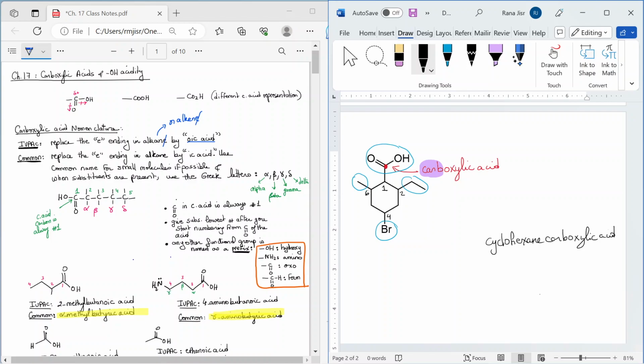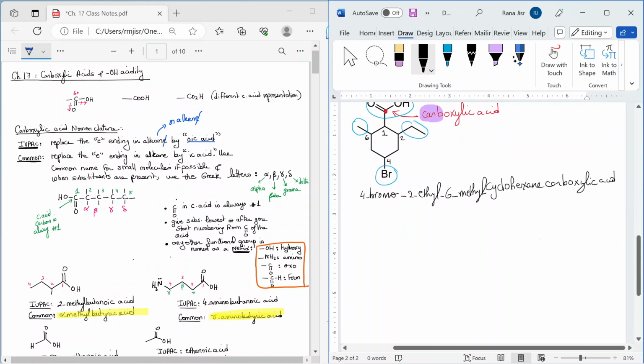So I'm going to end up having 4-bromo, 2-ethyl, 6-methyl, cyclohexane carboxylic acid.